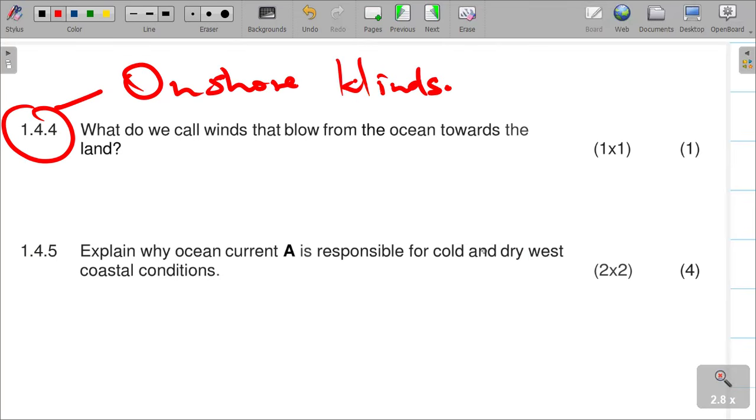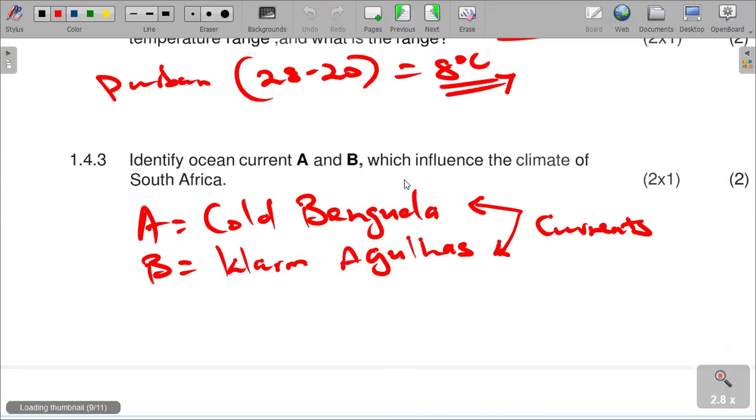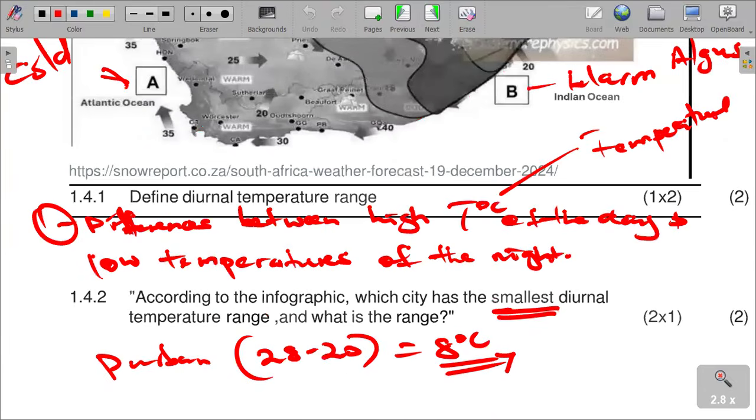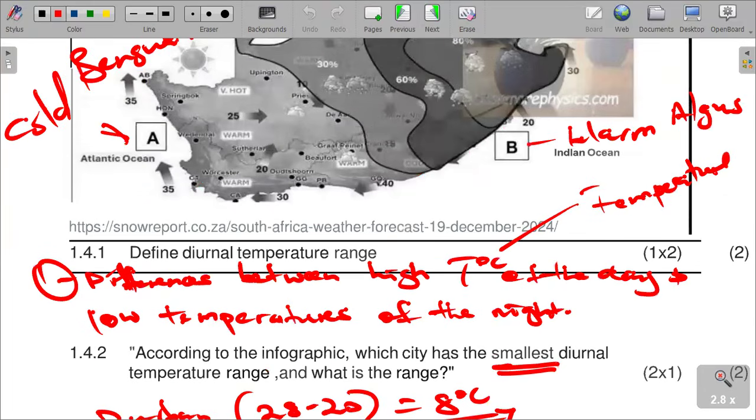And then the next question is saying, explain why ocean current A is responsible for cold and dry west coastal conditions. A here is the cold Benguela current, which is from the South Atlantic Ocean.